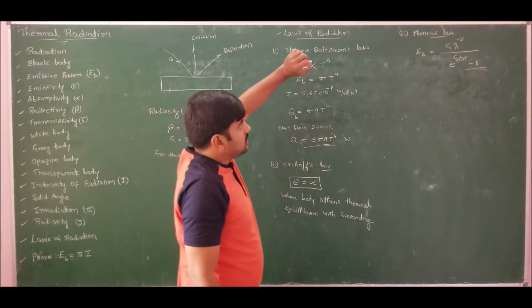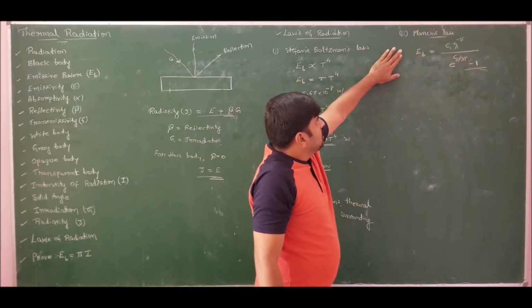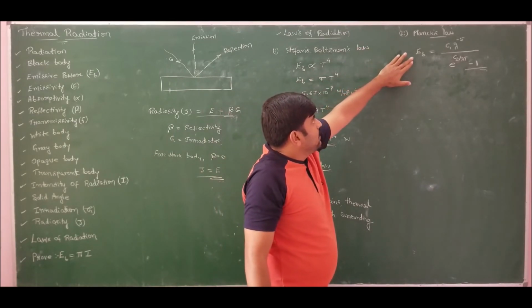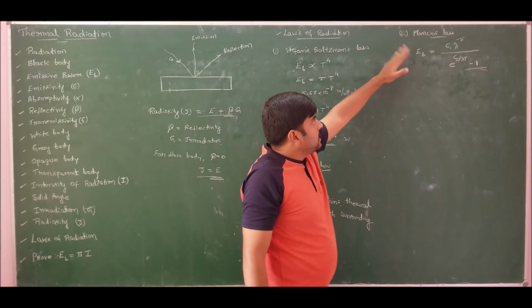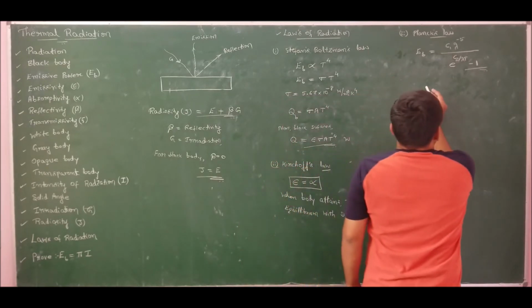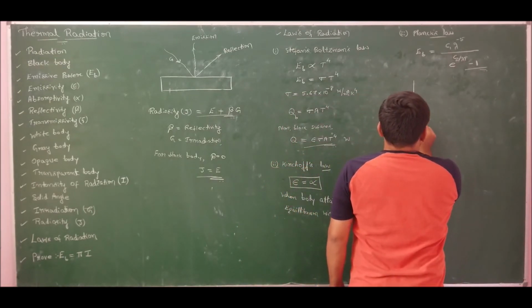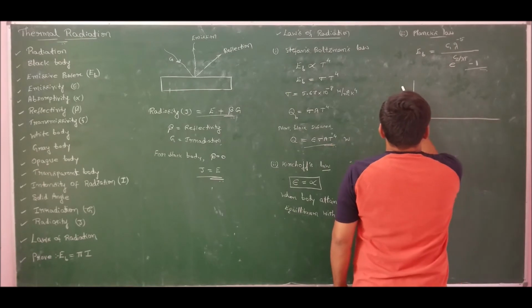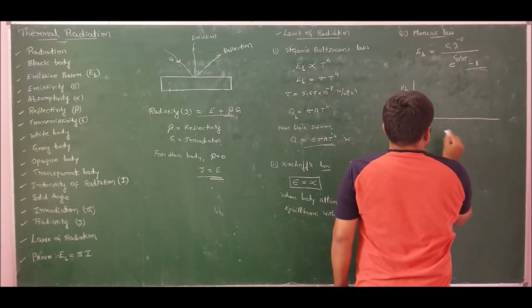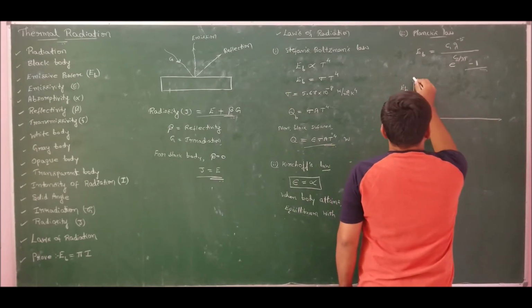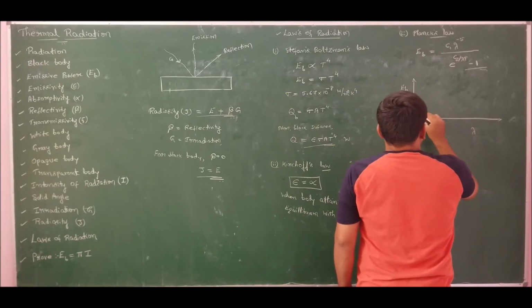From this equation, he has specified the emissive power of a black body, and he has plotted the emissive power E_b versus various wavelengths for the spectral distribution at various temperatures.